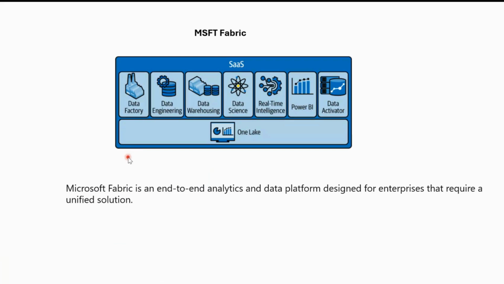Microsoft Fabric is basically a software as a service tool that Microsoft has created, and it is an end-to-end analytics and data platform designed for enterprises that require a unified solution. I'll discuss what software as a service is in a couple of minutes.